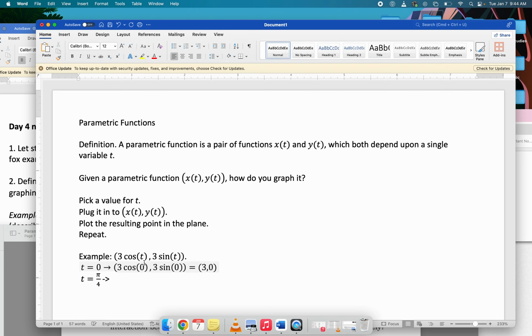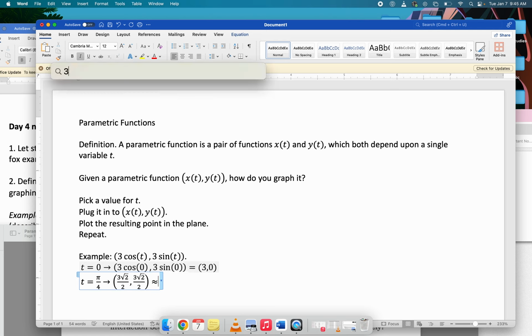If you plug that in, you're going to get 3 cosine pi over 4, which is 3 root 2 over 2. 3 sine pi over 4, that's also 3 square root 2 over 2, which is about, let's see, 3 times square root 2 over 2? That's like 2.12, comma 2.12. And so you would plot that point on the graph.